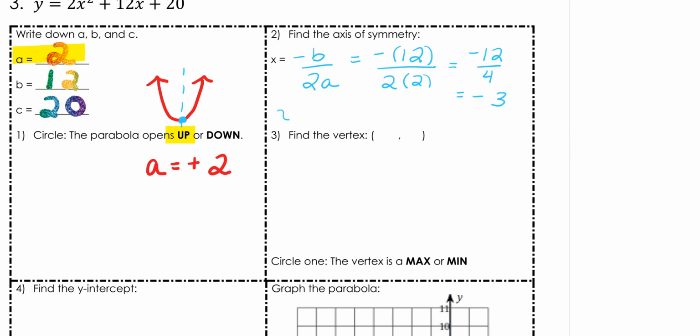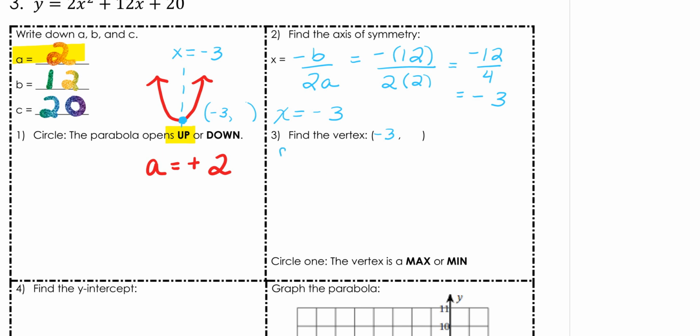So x equals negative 3 is the vertical line equation. All right, so this axis of symmetry has the equation x equals negative 3, which means our vertex here has a negative 3 x value. Now to figure out the y value of our vertex, we're going to plug in this negative 3 and figure out our output y value.